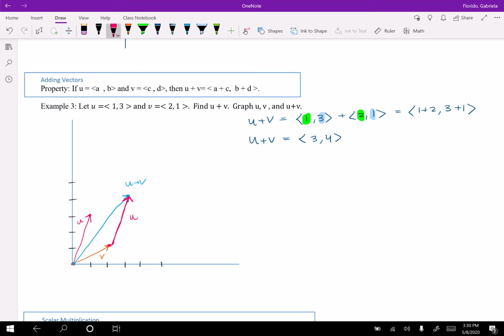Notice that it creates a sort of parallelogram. If I move vector v, keeping the same magnitude and the same direction, the initial point is now at the terminal point of my u, and my terminal point is the terminal point of u plus v. Notice that when I move these vectors, it creates this parallelogram shape.